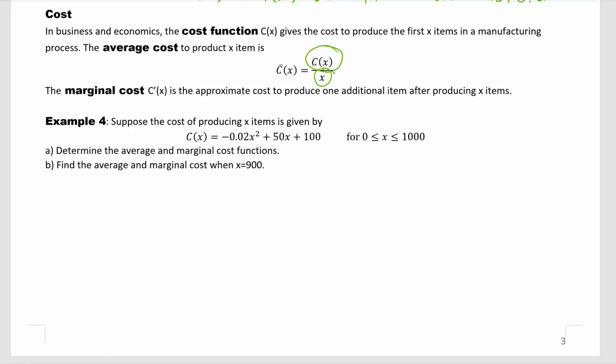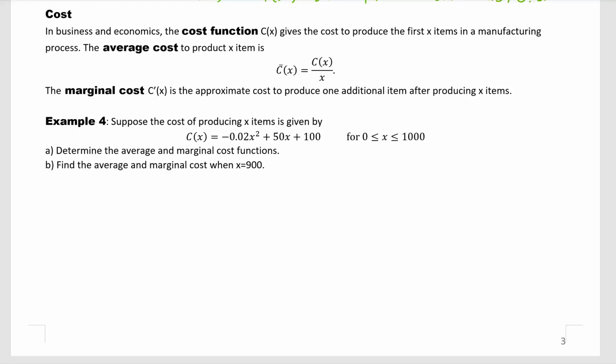So C of X divided by X. This is the average cost. What is the marginal cost? Marginal cost is the derivative C prime of X. So it's the approximate cost to produce one additional item after producing X items. Okay, so that is the derivative.